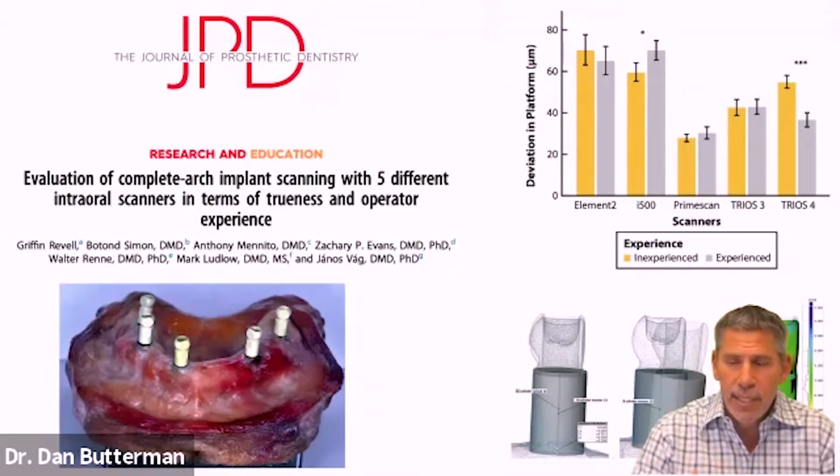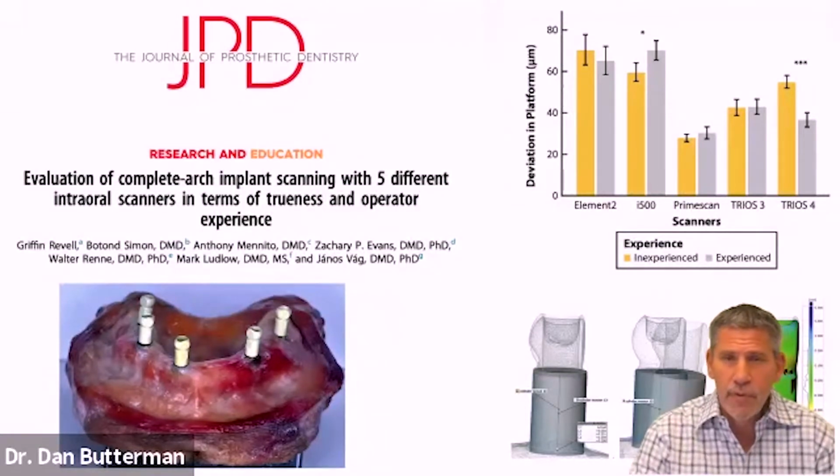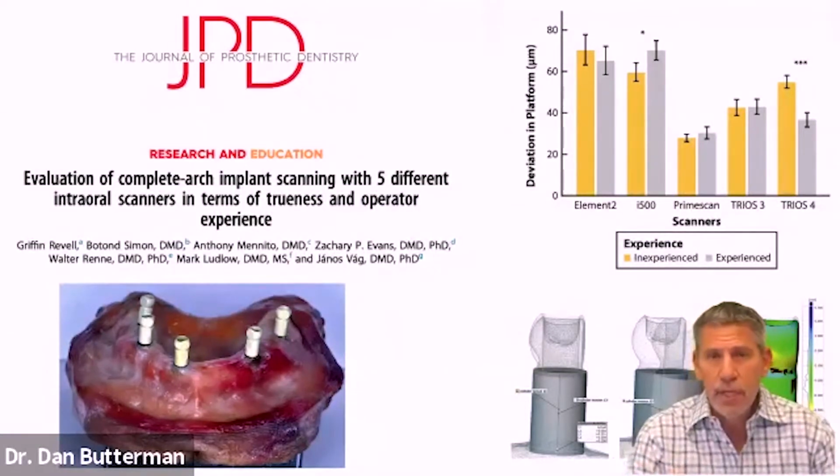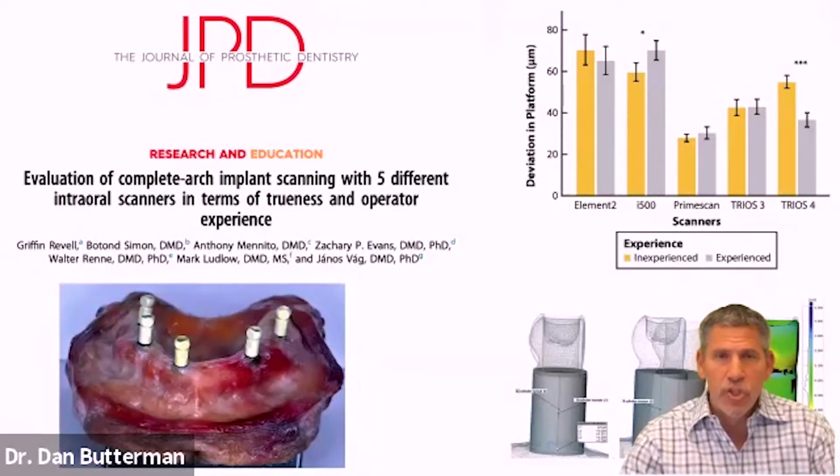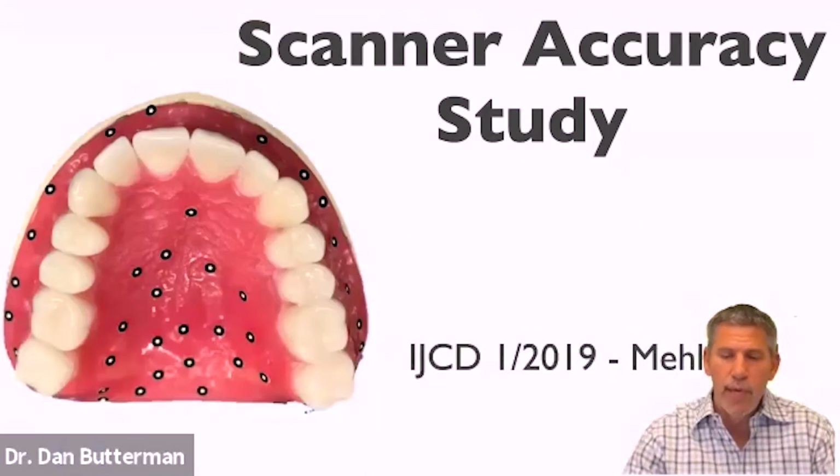And we can kind of see that level that we are now getting to with the Prime scan is basically on par with a physical traditional impression. And I can tell you from, and I'm sure all of you that have done implant full arch impressions, that can be intimidating. And if we can do an accurate full arch scan, well, that speaks to me. That changes things quite a bit workflow wise.